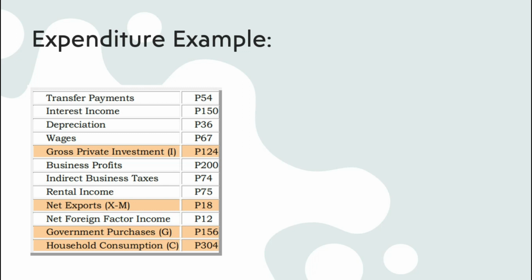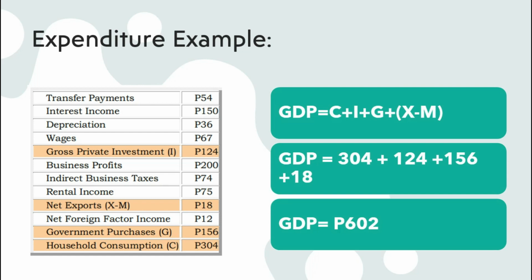The formula for the expenditure is C plus G plus I plus, in parentheses, X minus M. The highlighted parts are what we need for the calculation of the expenditure approach of the GDP. So GDP equals C plus I plus G plus (X minus M).